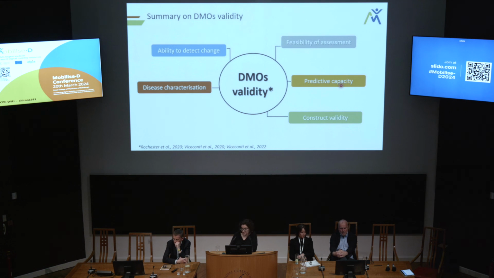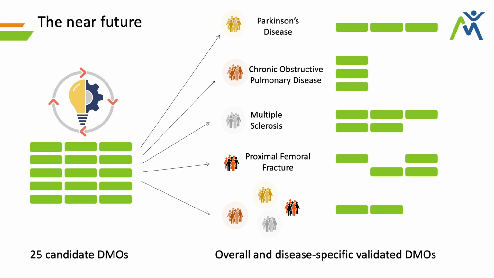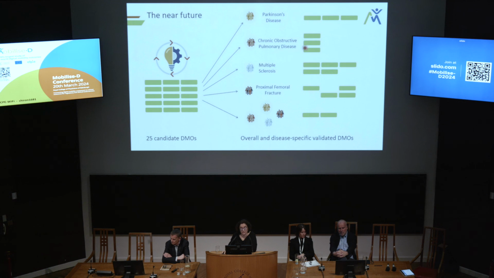So the next steps, we need to finalize the analysis. We just got the data very recently, so we need to do everything to interpret properly. At the midterm, what we want is to be able to obtain from the 25 candidate DMOs that I listed, the set of DMOs that is valid and useful and clinically meaningful for each of the diseases, and which would be the DMOs that can work across all of the diseases.